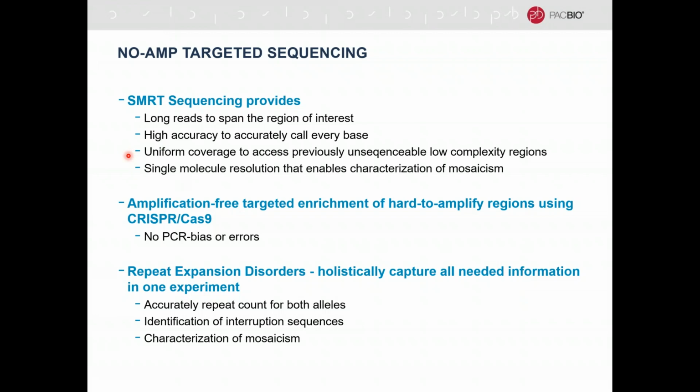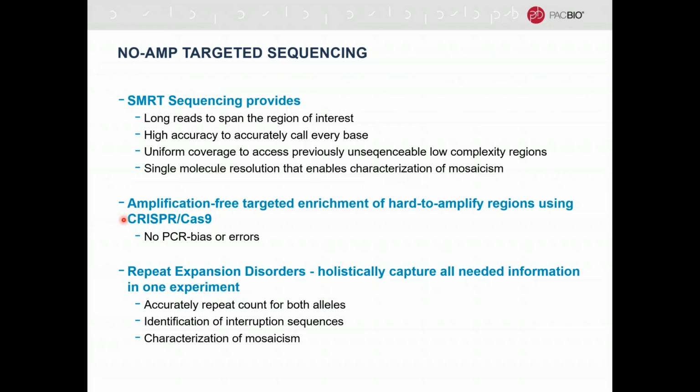So we believe that we can now achieve sequencing the unsequenceable low complexity regions. We have single molecule resolution, which allows us to detect sequence interruptions, which can't be achieved with PCR or Southern blot, and also to start characterizing mosaicism.